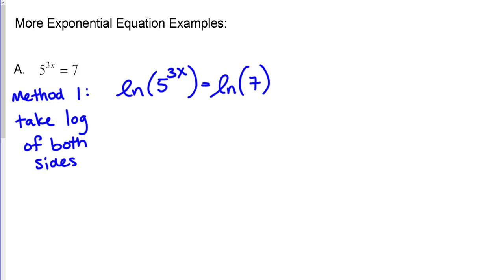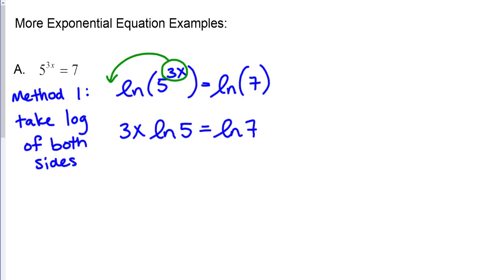Now, the interesting thing about this is when I do this, this 3x in the exponent can come out as a multiplier on my logarithm, and therefore I no longer have an exponential equation. So I would have 3x natural log of 5 equals the natural log of 7.